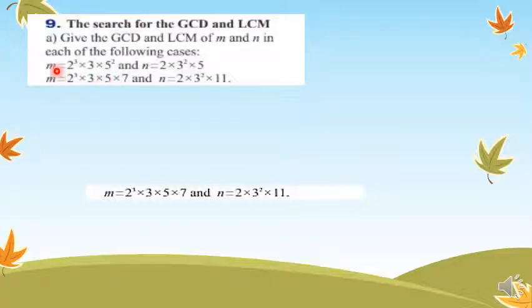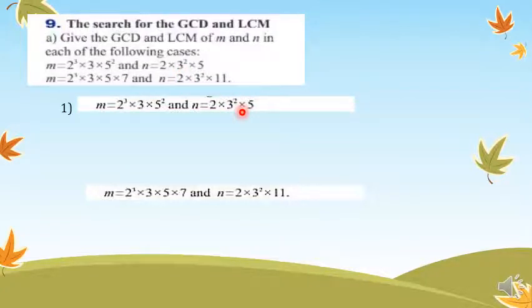So starting with the first one, M is equal to 2 cubed times 3 times 5 squared, and N is equal to 2 times 3 squared times 5. I want to find the GCD.